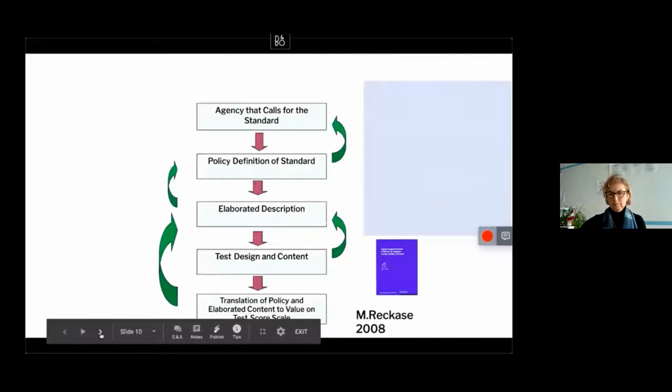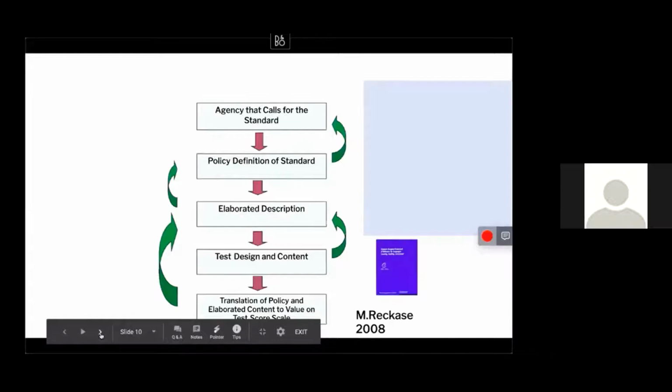We need to understand what the agency means by a standard so that we can write up a curriculum, develop lesson plans and do teacher training, develop exams, and decide on what cut scores allow us to label a student as a pass and not as a fail.